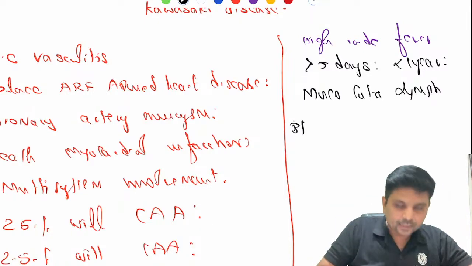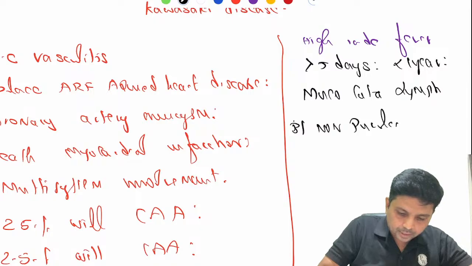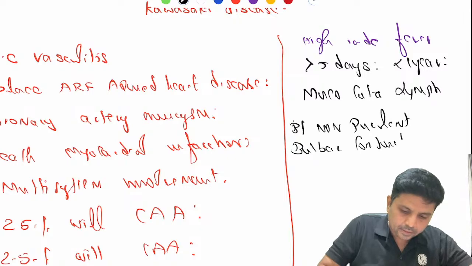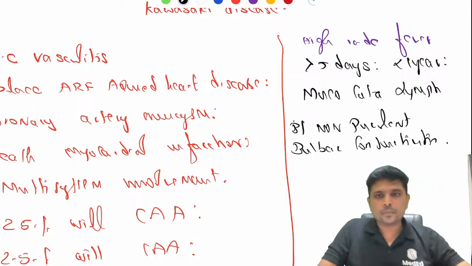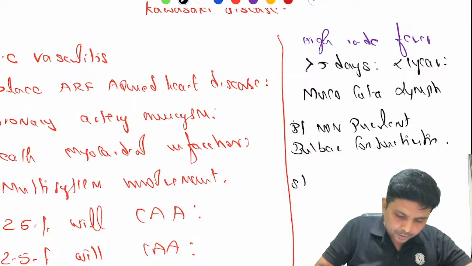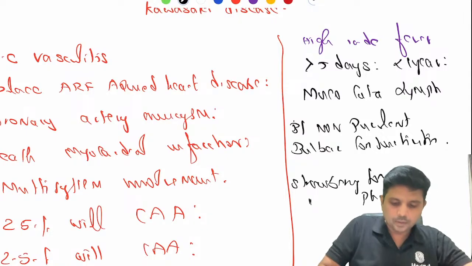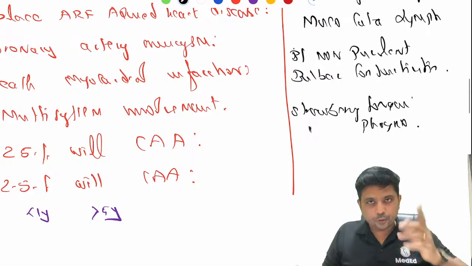So it is bilateral non-purulent bulbar conjunctivitis. This is point number 1. Second point is with respect to mouth. Strawberry tongue and strawberry pharynx. So 2 points with respect to mucus.